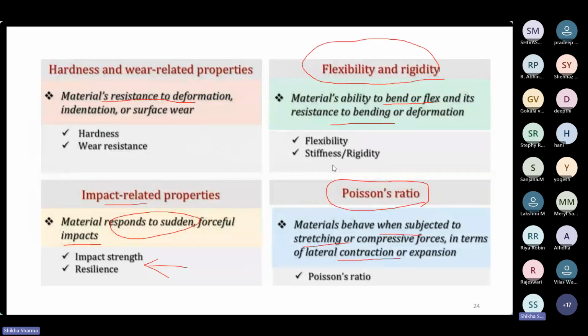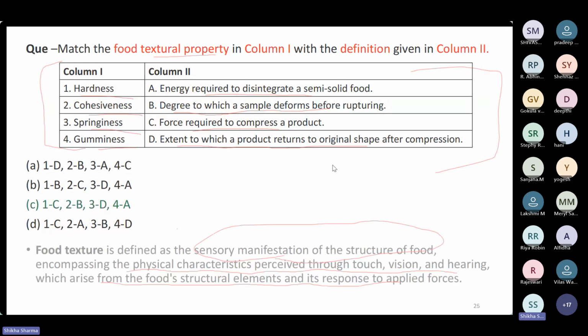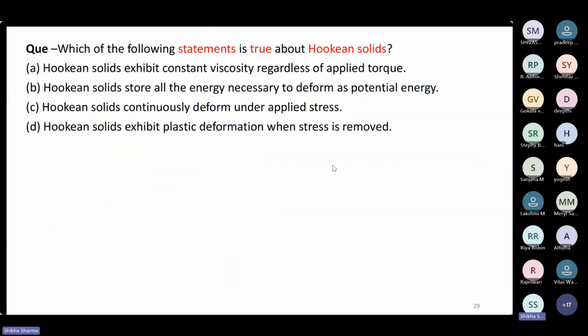So we discussed a short description of all the mechanical properties here. Let's now move to the next question: which of the following statements is true about Hookean solids? First, Hookean solids exhibit constant viscosity regardless of applied torque.